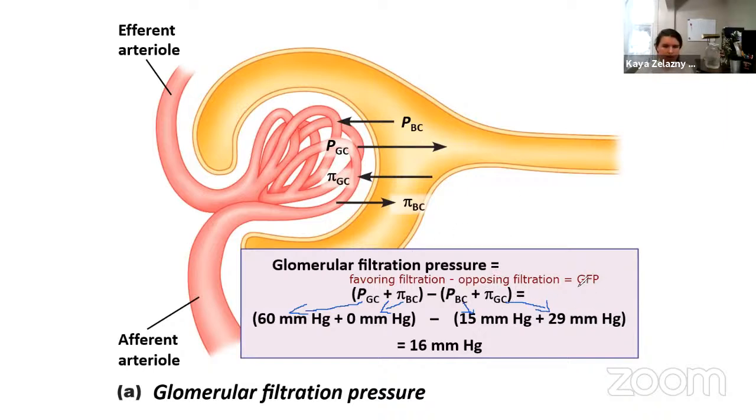So that's what we do when we calculate our glomerular filtration pressure. I'm circling this because we're going to talk about how we calculate a couple different things. So this is very specifically for the pressure. We're also going to be talking about the rate and the filtered load. So remember that the glomerular filtration pressure is the one that's like the net filtration pressure that we did before.